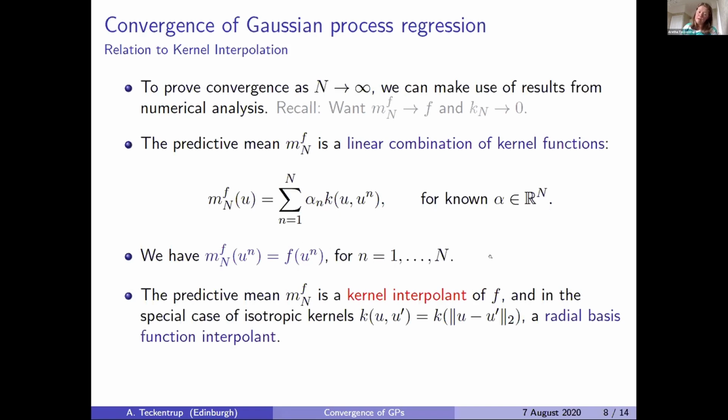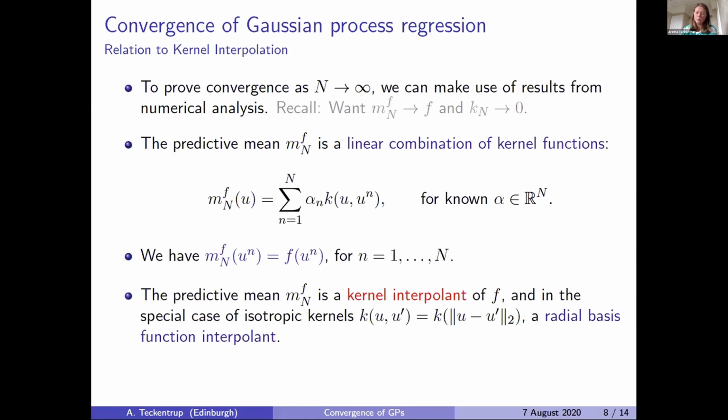So the mean is what's called a kernel interpolant, which just means that it's an interpolant with kernel functions as basis functions. And in particular, if you choose the kernel as an isotropic kernel, meaning that the kernel only depends on the Euclidean distance between its two input arguments, then the mean is actually a radial basis function interpolant, right?